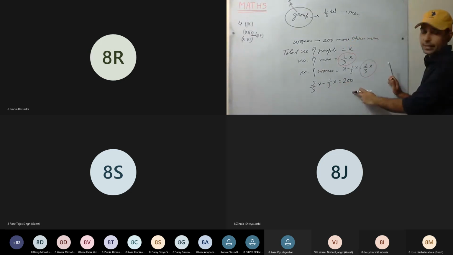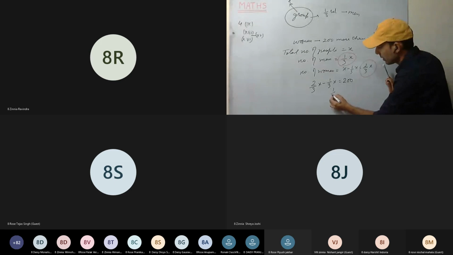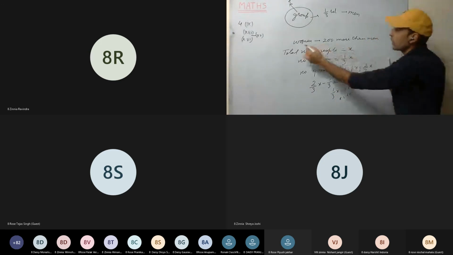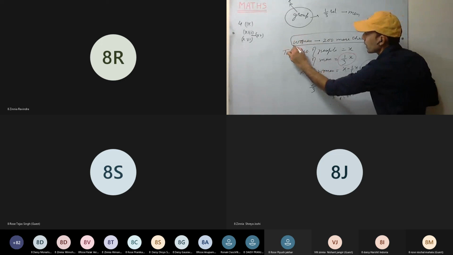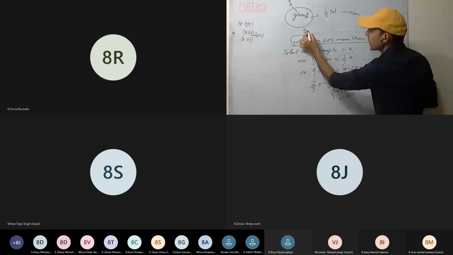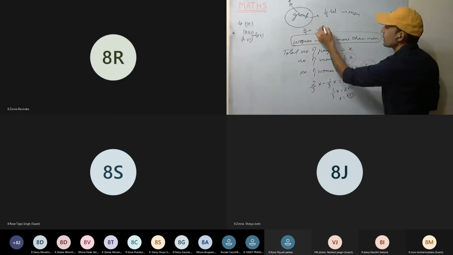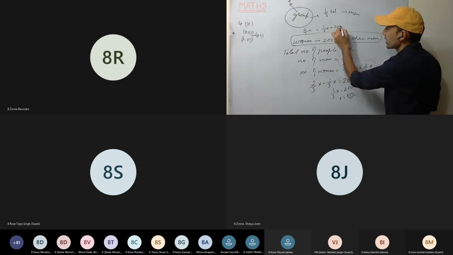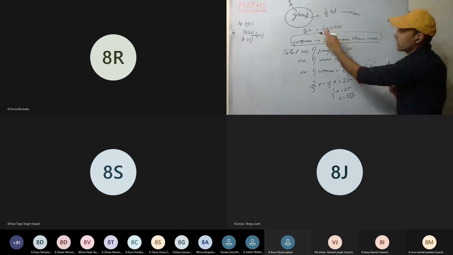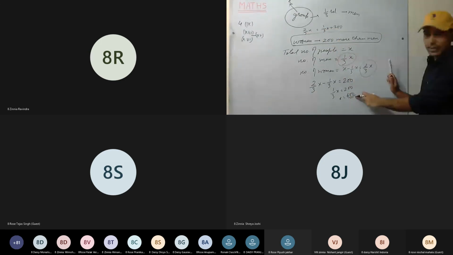So 1/3x equal to 200, and x equal to 600. One way is this one, or you can use this line. So woman is how much? 2/3x. So the final answer is 600. Or 1/3x plus 200, if you use this equation. Now take that to that side, x will be 600.